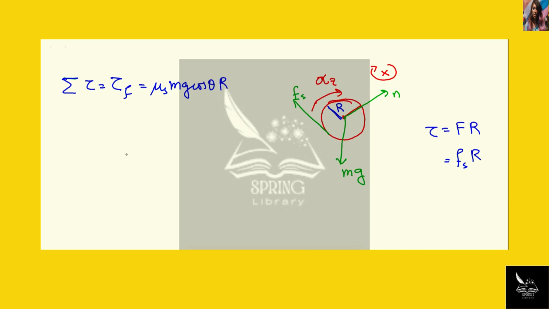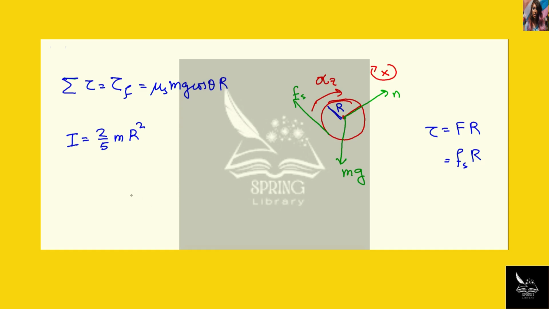And for our case, since it's a solid sphere, I, or the moment of inertia, is 2.5 mr squared, where m is the mass of the solid sphere.